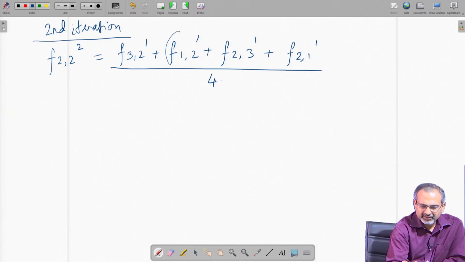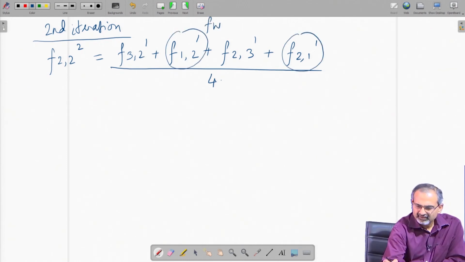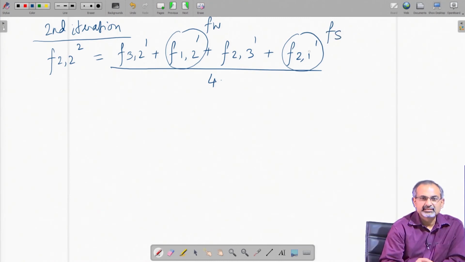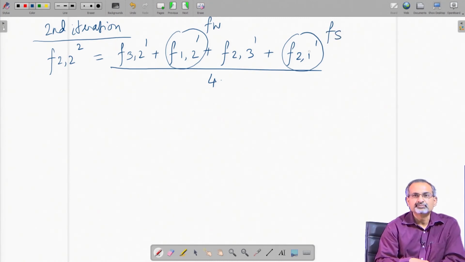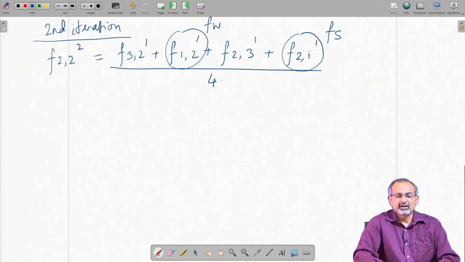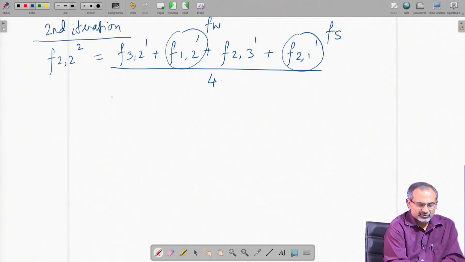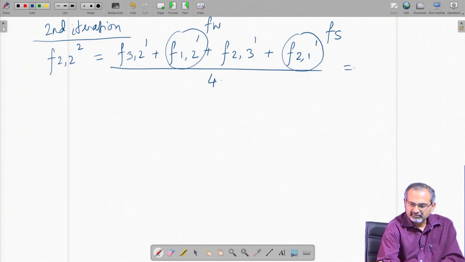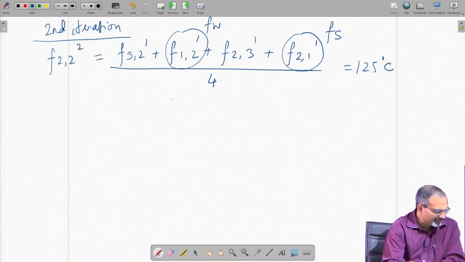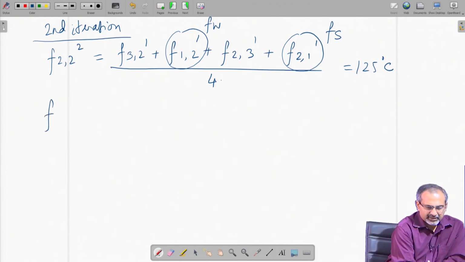And remember that whenever we are invoking values from the boundaries, they do not change irrespective of whatever iteration level, because they are invariant. And so, when you plug in all the values, you will find that this comes to 125 degree centigrade, which is the same as the previous iteration.